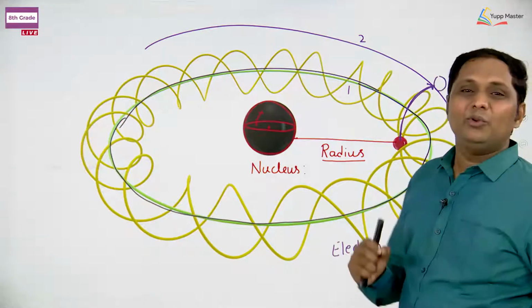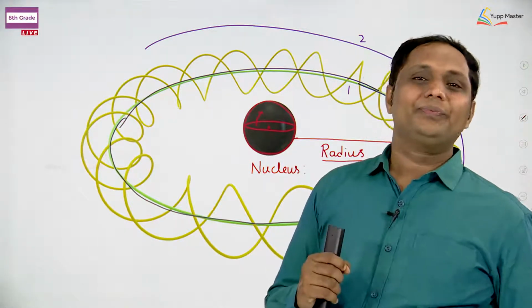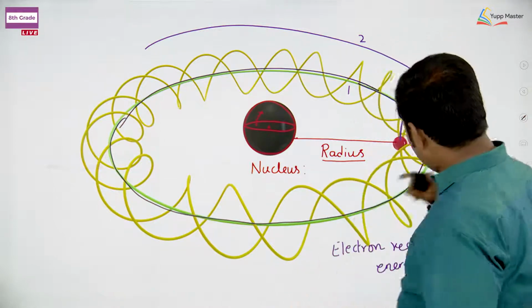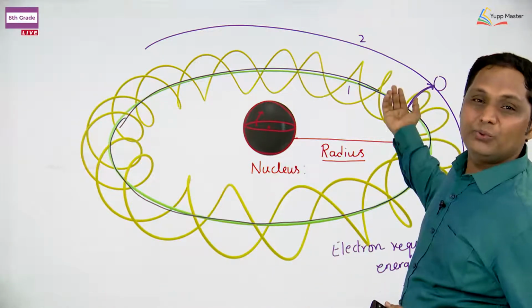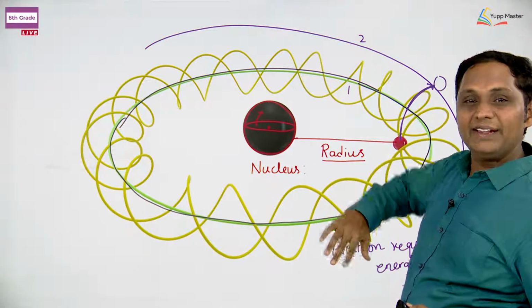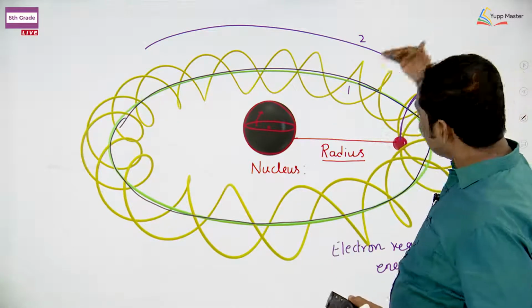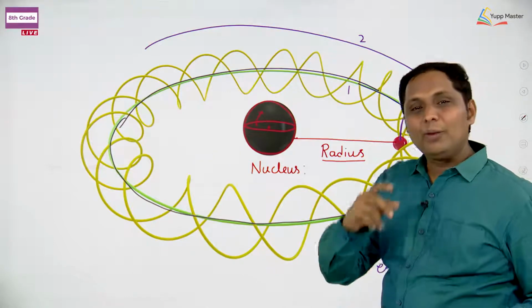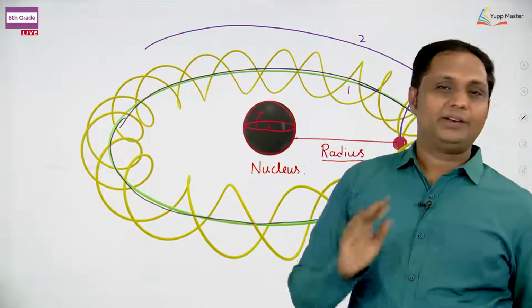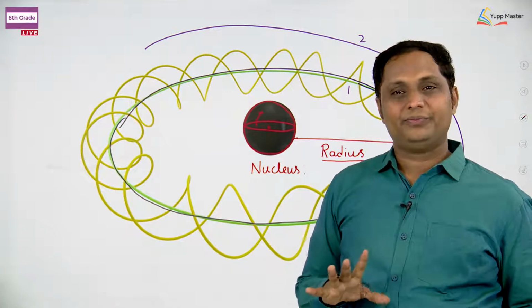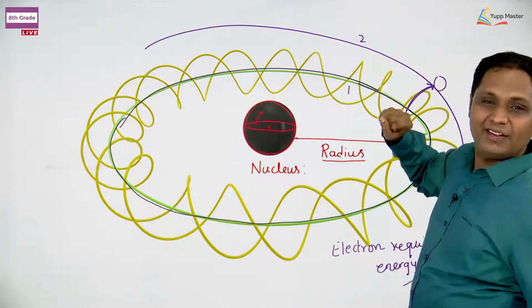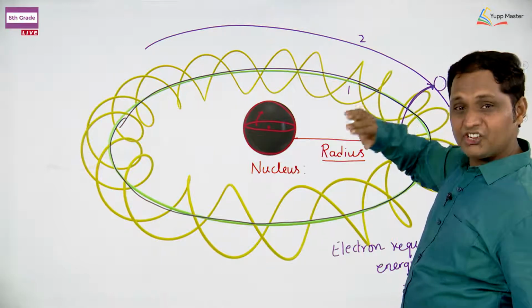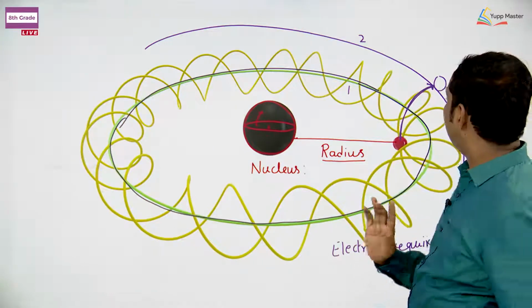At the same time, if you are going to observe that the electron is going to de-excite from higher to lower, some amount of energy is released. It is very clear. You have learned all these topics. So the electron is going to jump from higher energy level to lower energy level.